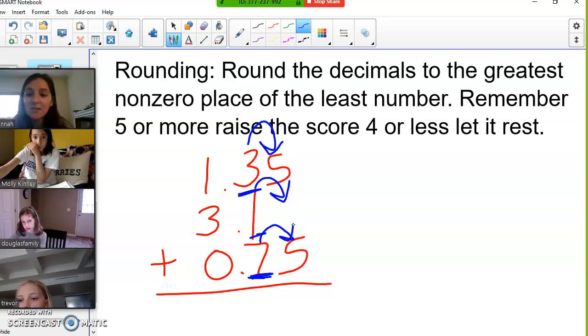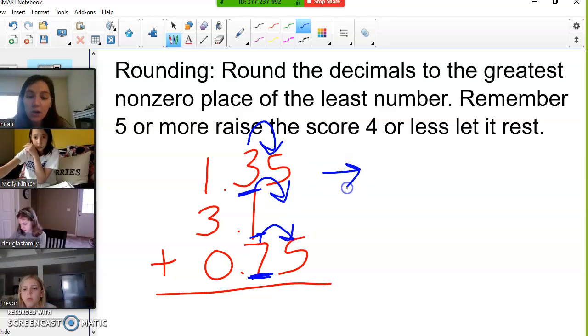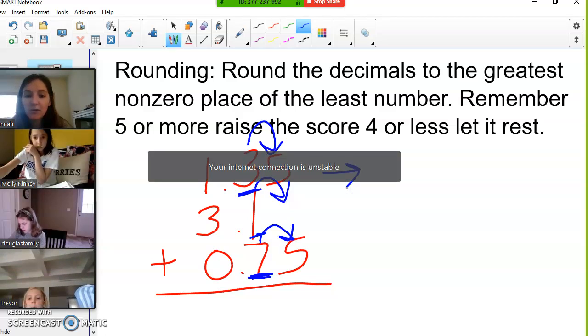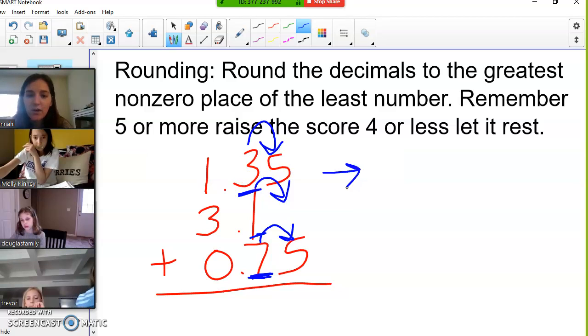The neighbor is going to tell me what I'm going to round the underlined number to. So 5 or more. All right, so 1.35. The 5 is telling the 3, 5 or more, raise the score, 4 or less, let it rest. That 5 is telling that 3 to change to a 4, so it'd be 1.4.